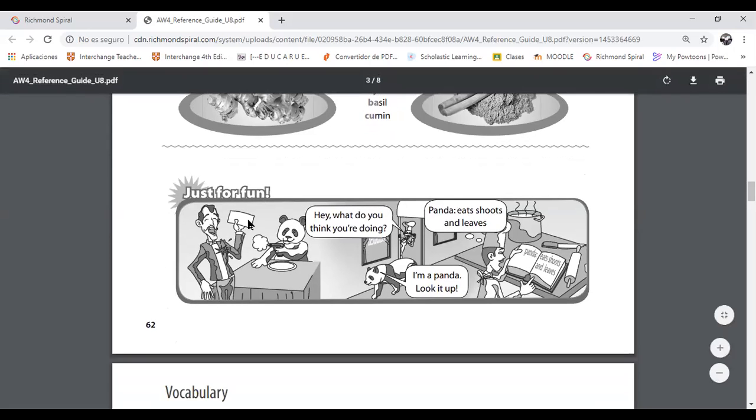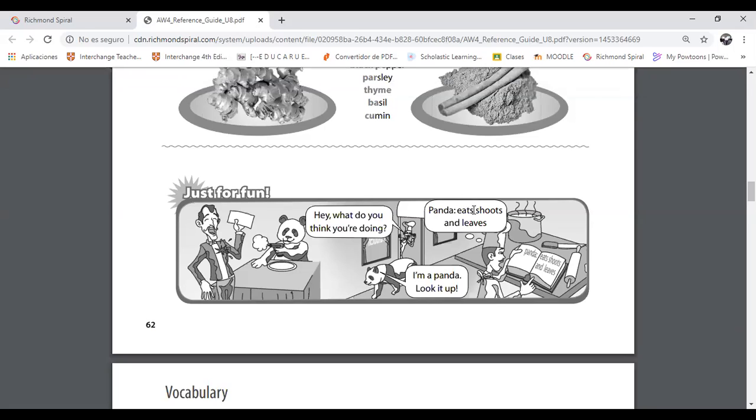Another simple joke. Hey, what do you think you are doing? I'm a panda. Look it up. Panda eats, shoots and leaves.